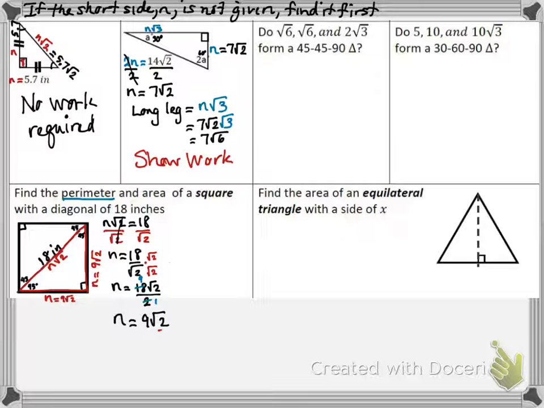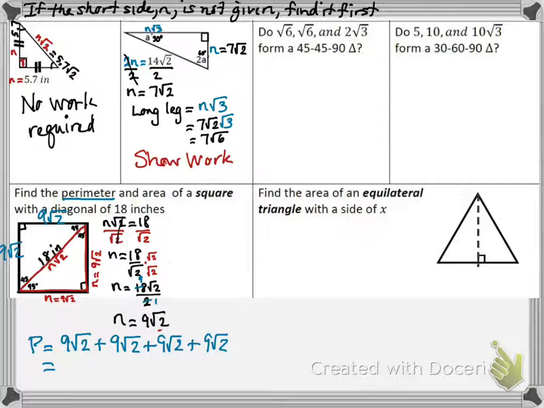And in this case, the perimeter is 9 root 2 plus 9 root 2 plus 9 root 2 plus 9 root 2. Now, just like if you were adding x's, if you had 9x plus 9x plus 9x plus 9x, you'd add all the front 9s and leave the root 2 alone.